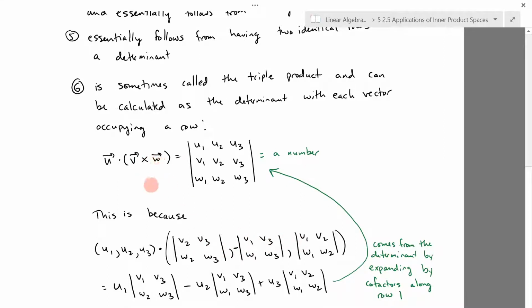And then if you take the dot product with u1, u2, and u3, it would look like this. And then this thing is just the cofactor expansion of this thing, right? And so to calculate the triple product in a single calculation, you can just straight away set up this determinant.